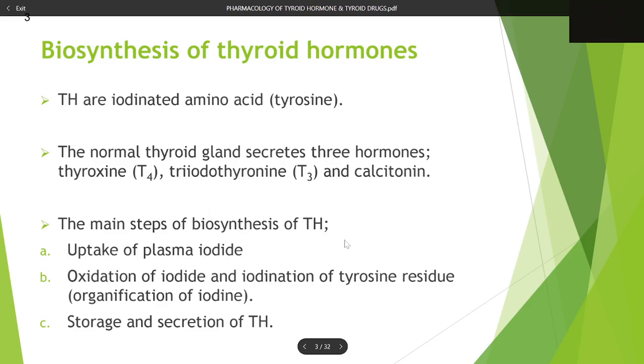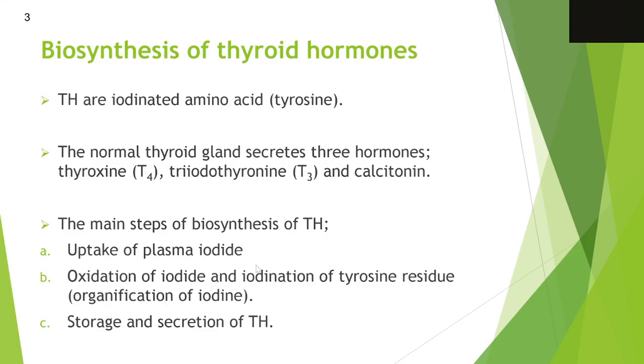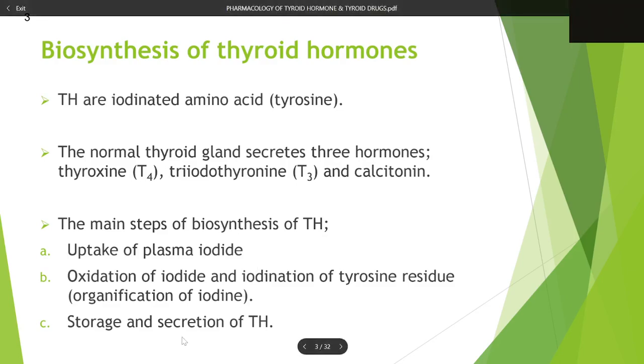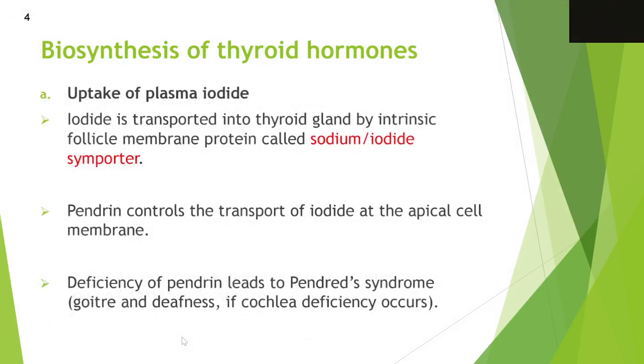Now, the steps involved in the biosynthesis of thyroid hormone include the uptake of plasma iodide, the oxidation of iodide and iodination of tyrosine residue, which is the organification of iodine, and lastly, the storage and the secretion of thyroid hormone. First, the uptake of plasma iodide.